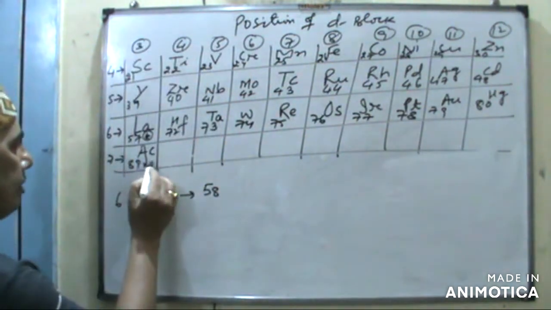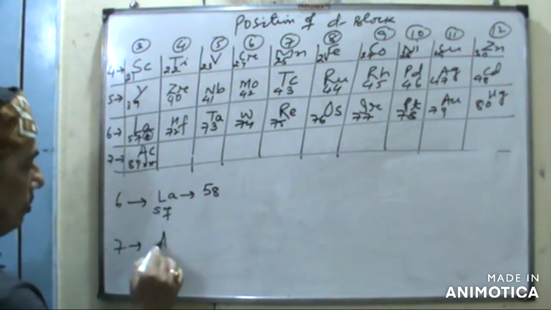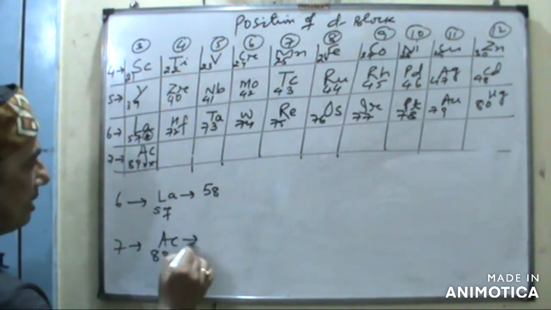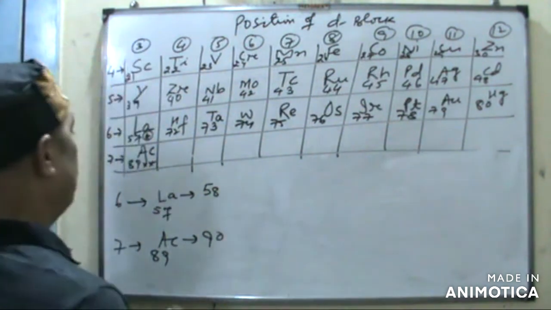Now again you write a double star, so that the 7th period is next to actinium. The actinide series starts from atomic number 90, right?